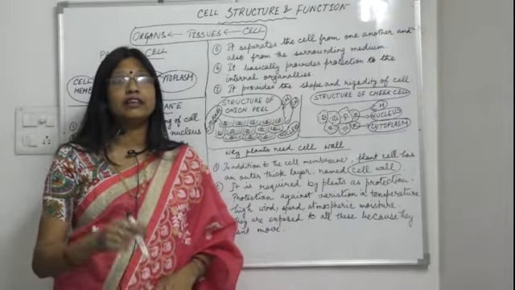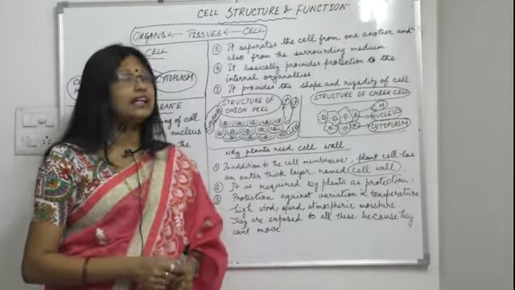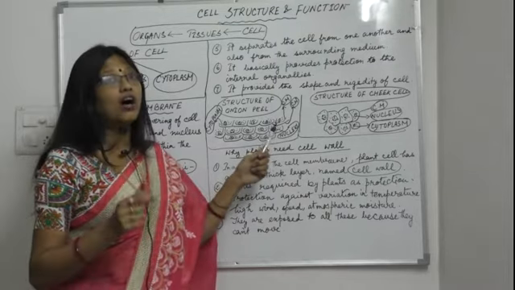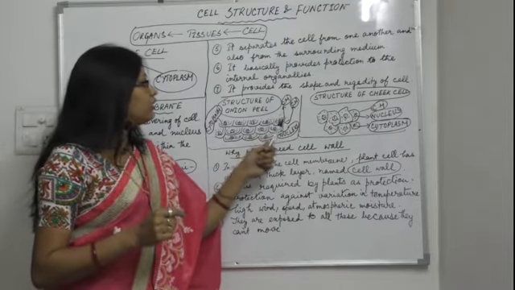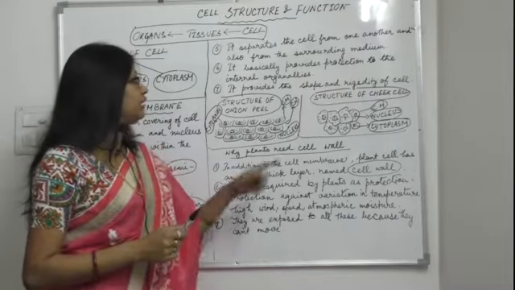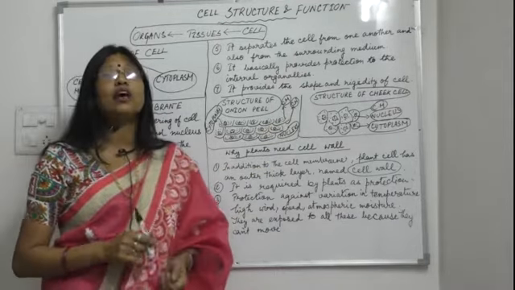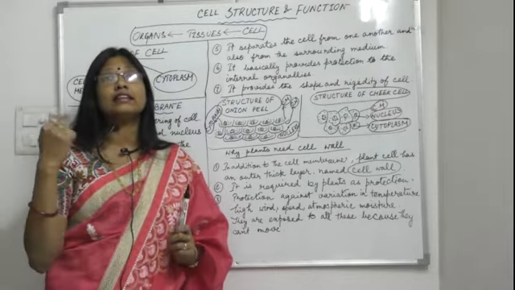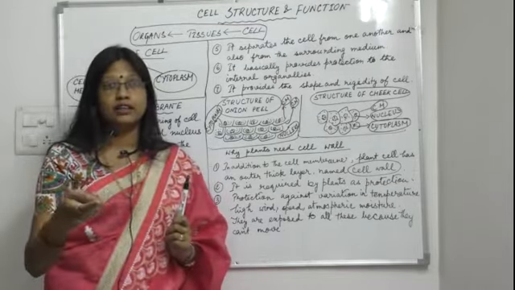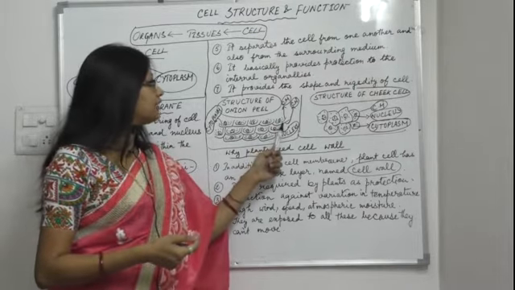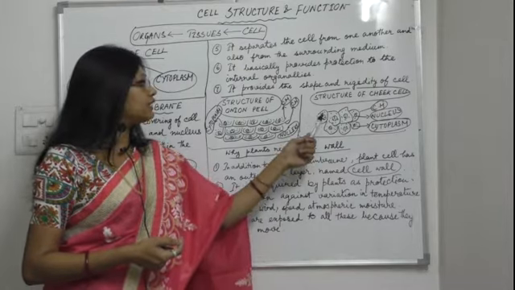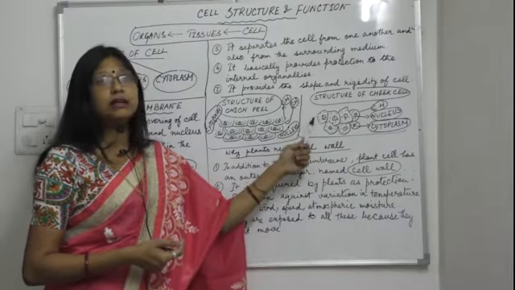So here we can conclude that in a plant cell there is also an outer covering after the cell membrane. That outer covering is called the cell wall. There is a thick layer of covering after the cell membrane, and that is called the cell wall. But you don't have a cell wall in an animal cell.